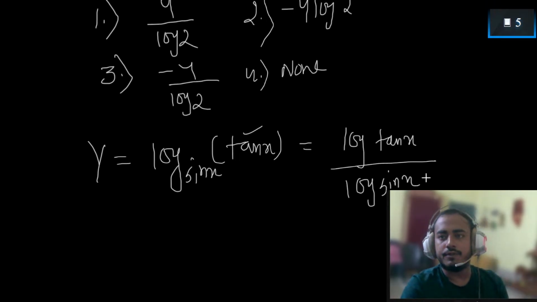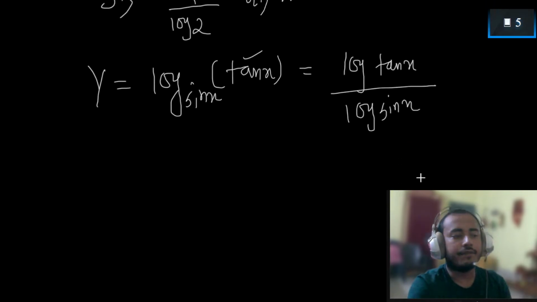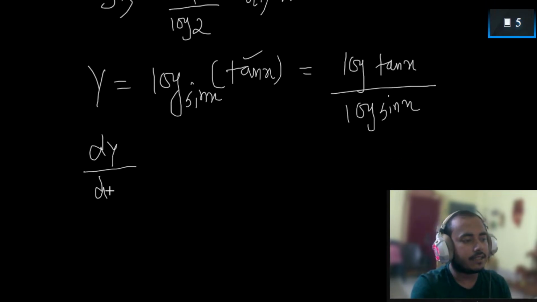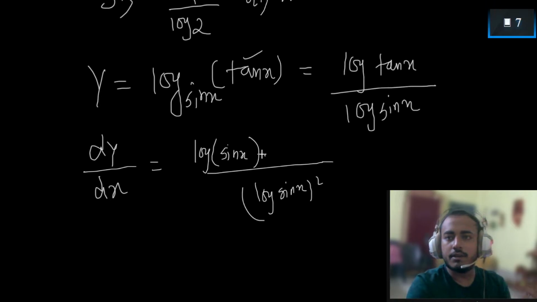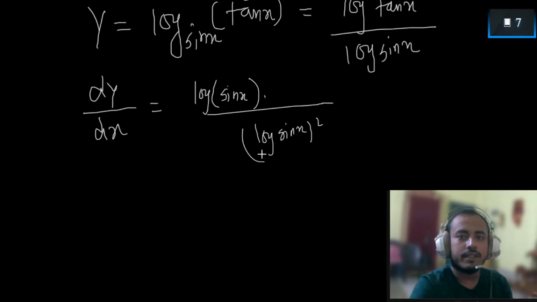And what can we do to differentiate this? dy by dx equals log of sin x whole squared in the denominator, and log of sin x multiplied by the derivative of log of tan x. Essentially we are first using the u by v rule for differentiation. The derivative of log of tan x is 1 by tan x into the derivative of tan x, which is sec square x. So sec square x by tan x.